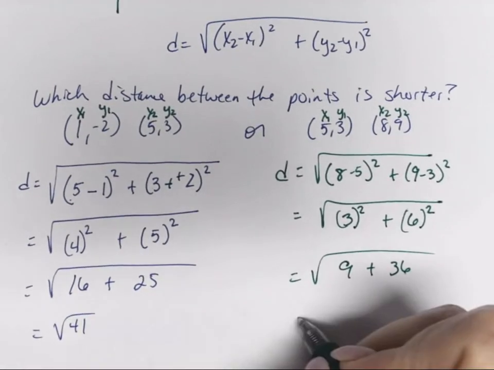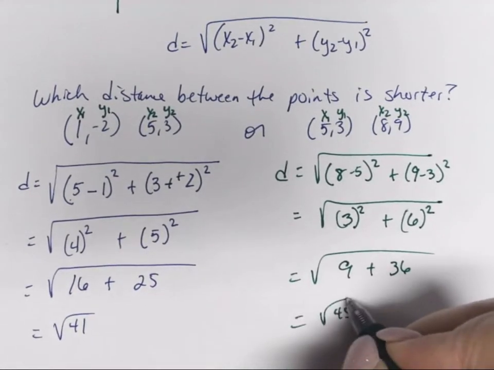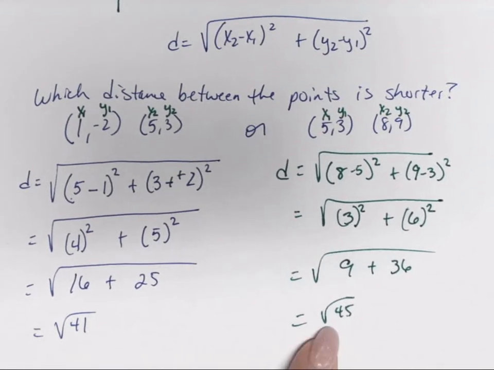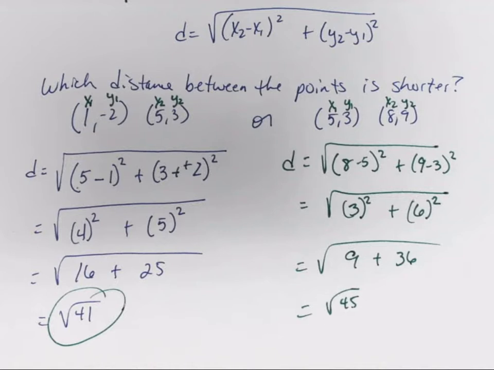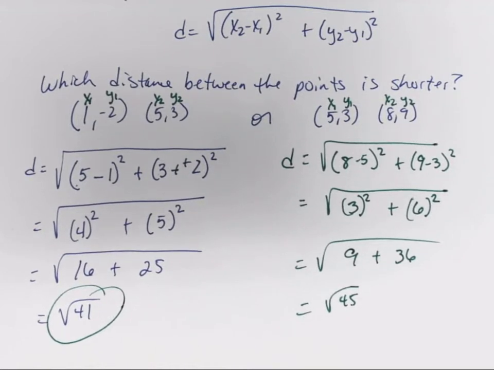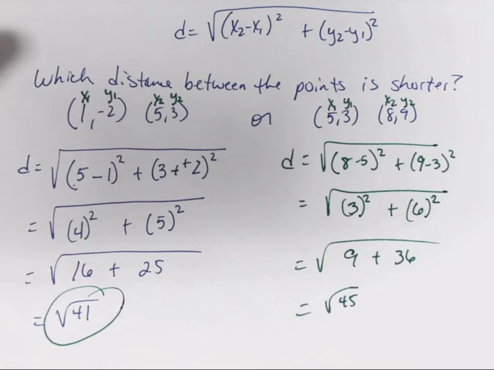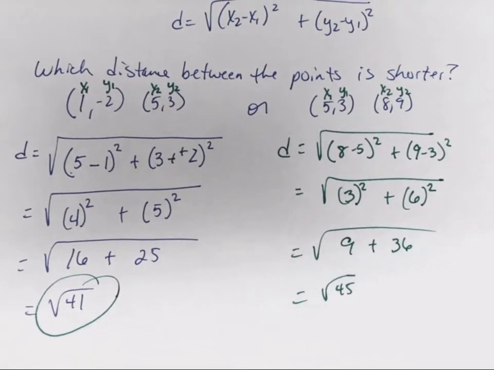And when we add those, we get the square root of 45. So the shorter one is going to be the smaller number. You could take those also to a decimal to see exactly what the value is, but we're just looking at the distance, and that's good enough for what we're looking at.